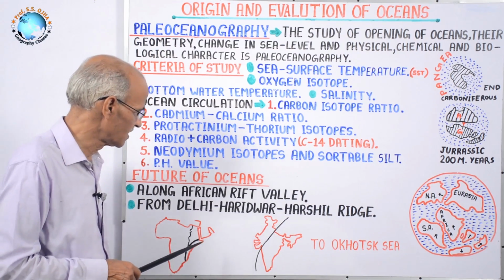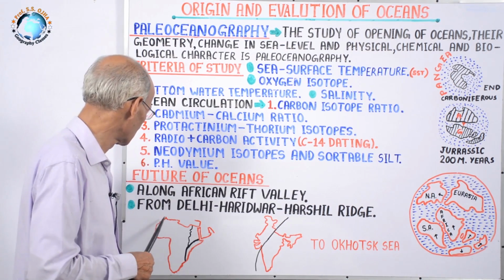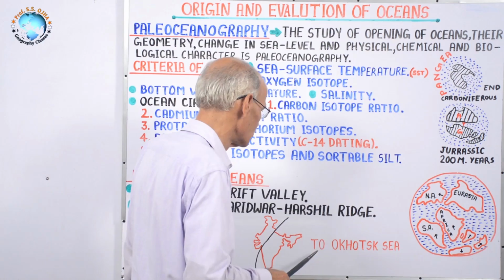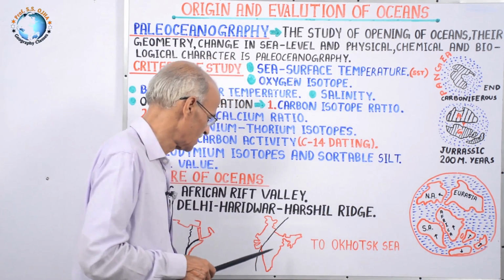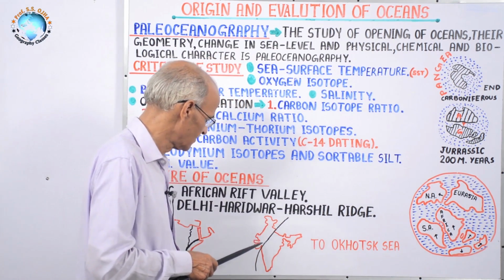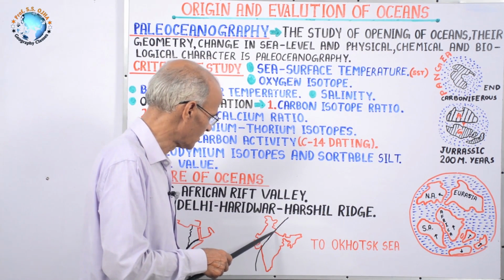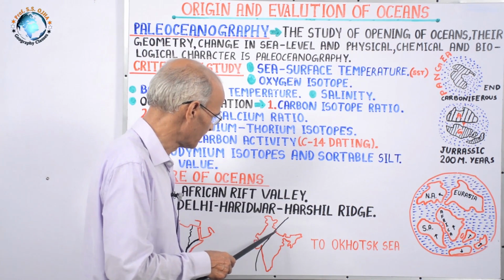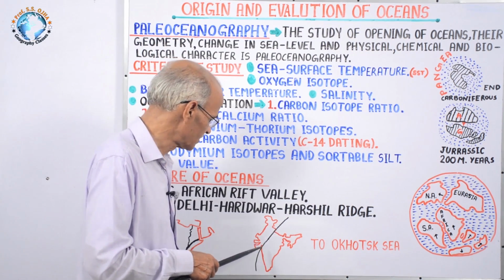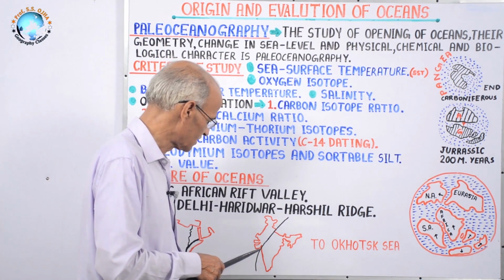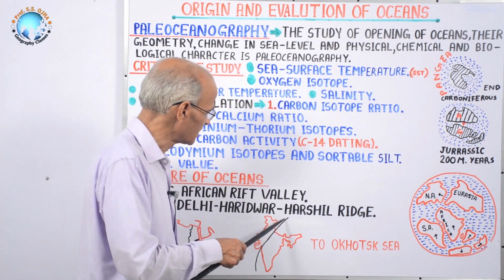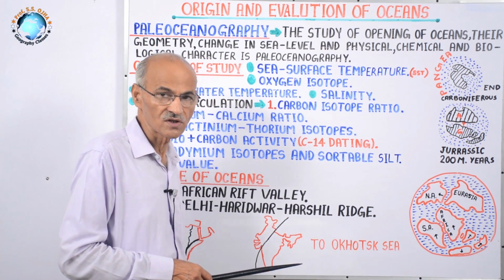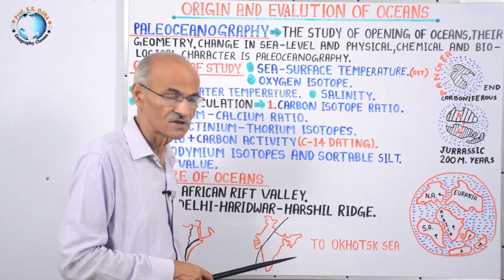The second possibility of opening of a new ocean is from Delhi, Haridwar, Harsil, reaching to the Sea of Okhotsk. Here in India, you are seeing Delhi, Haridwar and Harsil, and there is a line showing a tectonic ridge which starts from Gujarat, Bhuj, and this continues up to the Sea of Okhotsk, situated to the north of Japan.